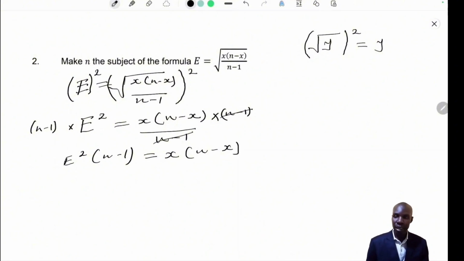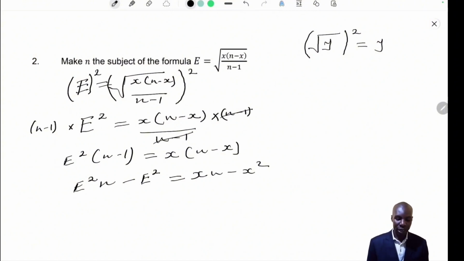So I can break the bracket on the left-hand side and I'll say e squared n minus e squared is equal to, on the right-hand side I can also break the bracket and I'll get xn minus x squared.